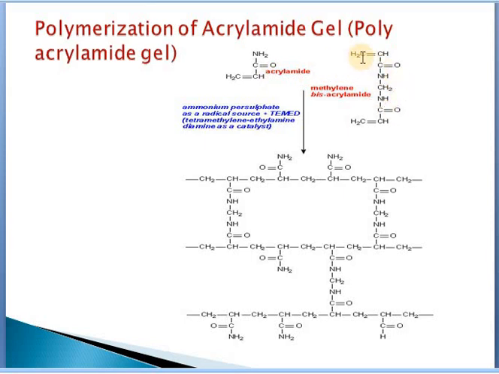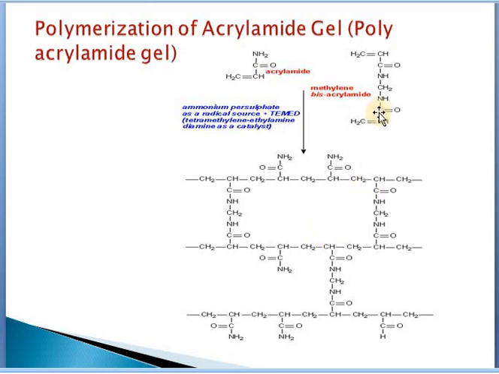See this image: CH2=CH, CONH, CH2, NHCO, CH=CH2. So two acrylamide units joined through a methylene bridge, so called N,N'-methylene bisacrylamide. The role of this chemical is that it will make a cross link so that we can filter the molecules based on the molecular weight.